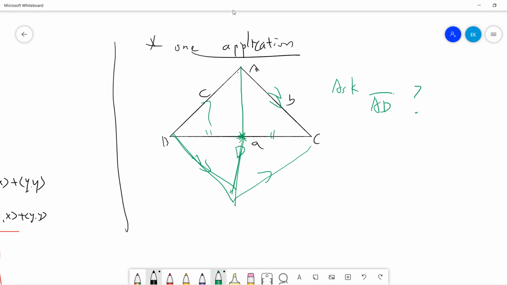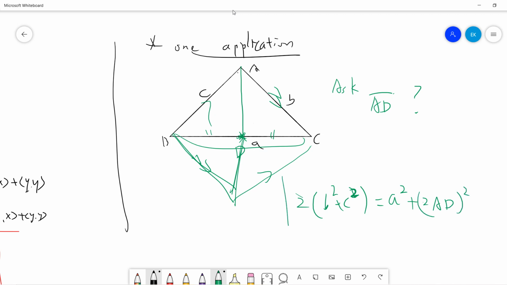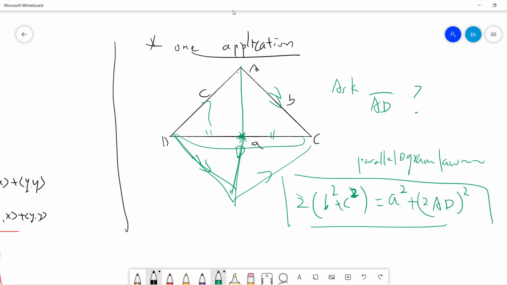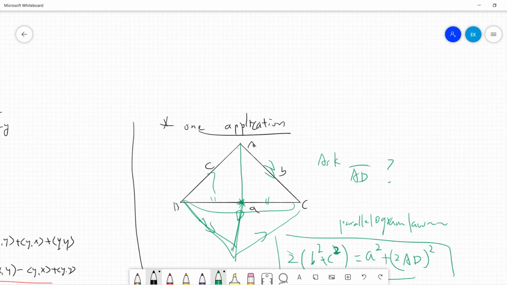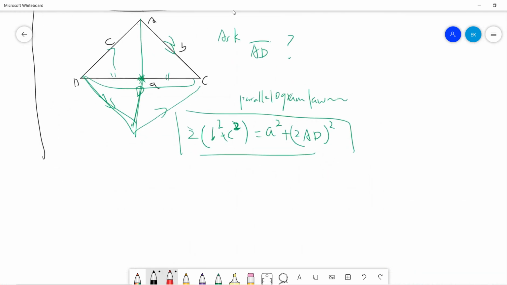By the law, we get 2 times b squared plus c squared equals a squared plus 2AD squared. So this is the parallelogram law. Now we can solve for AD.